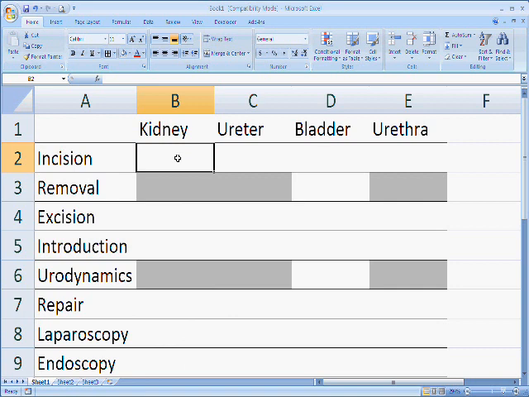I want to go through some of the things that you might find in there. For the incision part, there's a nephrostomy, which is basically a way of creating an artificial outlet for the urine to flow from the kidney. A nephrotomy is an exploration.